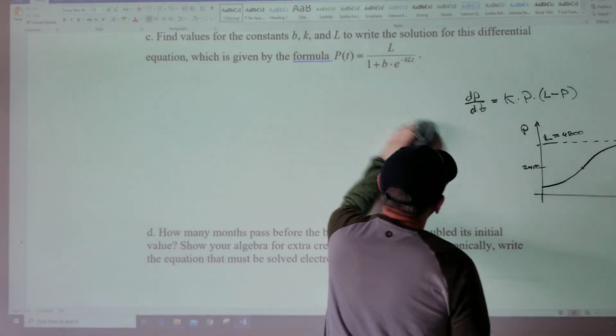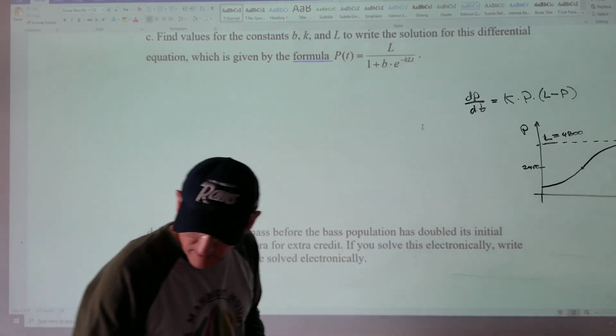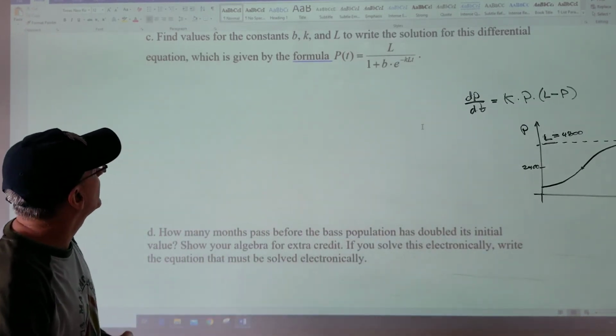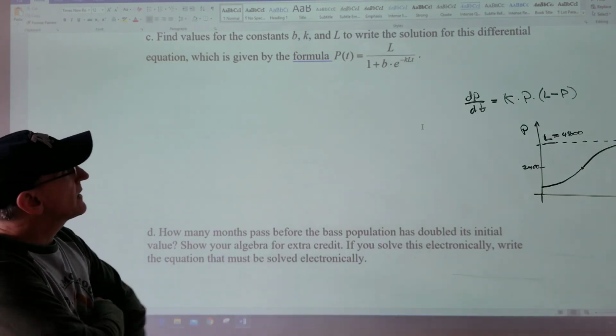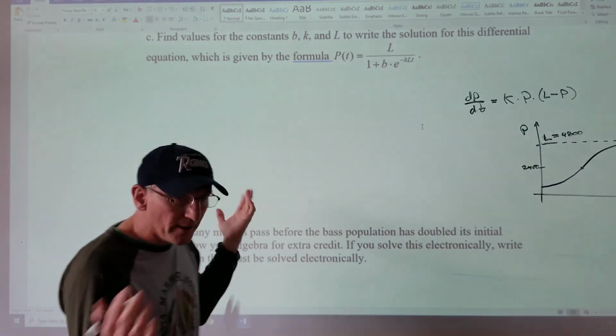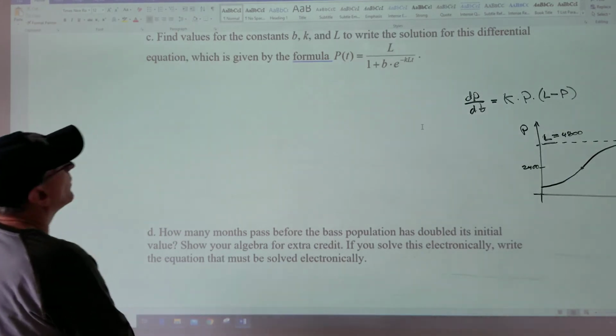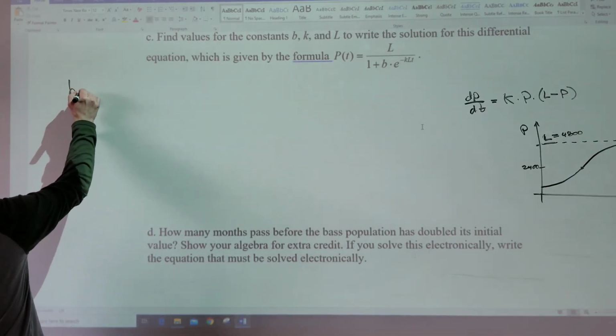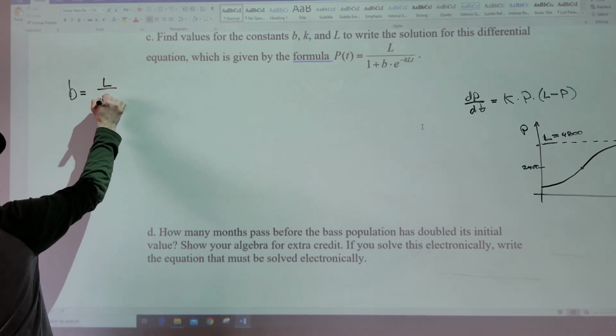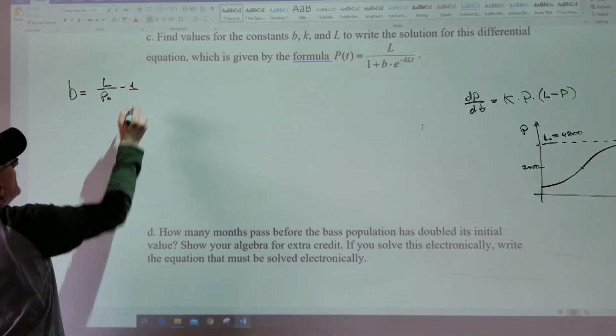In other words, if you sit down to take a test where the logistic differential equation is going to be featured, you should not expect for them to hand you this. But here it is. So what about the B? What is this B thing? You can solve for this if you forget this formula. I recommend you memorize how to compute B.